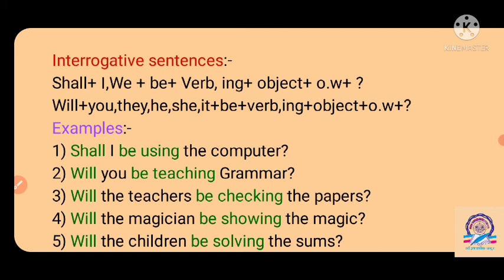And for the negative sentence we have to keep not after shall and after will for framing the negative sentence. And for the interrogative sentence we have to keep will or shall first, then subject, then be, then verb ing, then object, and last we have to keep the question mark to frame the interrogative sentence.